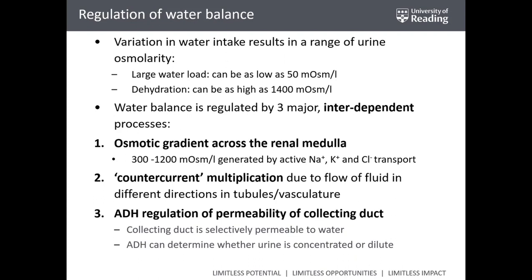And that is generated by the active transport of sodium, potassium, and chloride. The second mechanism is the countercurrent multiplication, and this is due to the flow of fluid in different directions in the tubule and vasculature, paired to the impossibility of water to move through tight junctions. And finally, the ADH regulation of the permeability of the collecting duct.